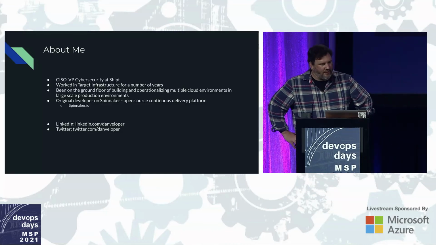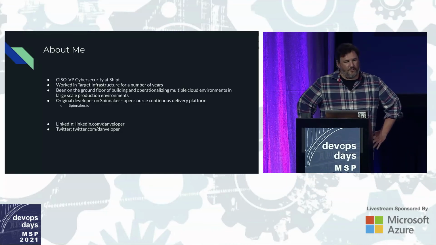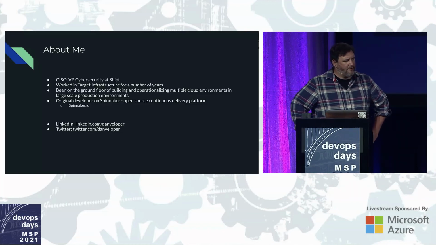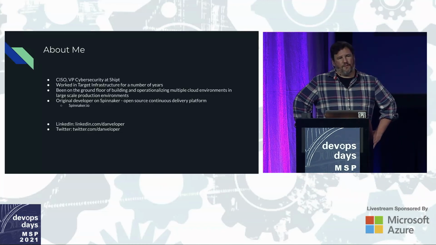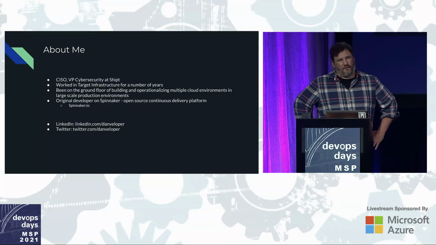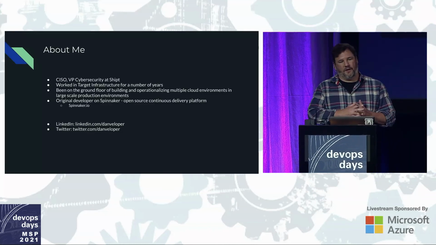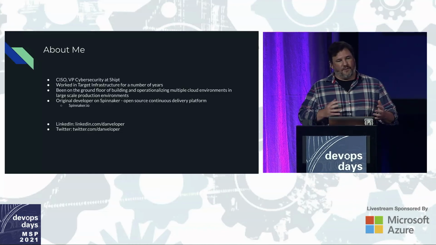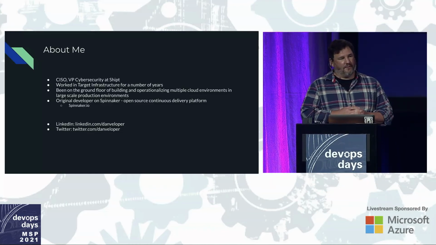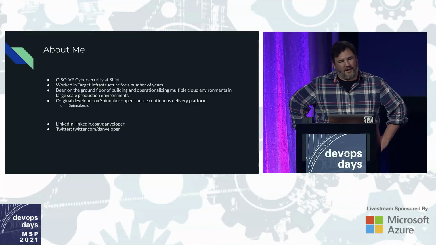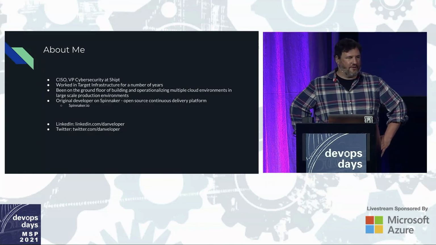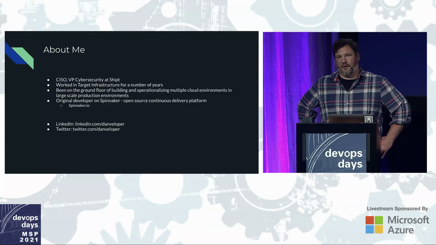But essentially, I worked in Target infrastructure for a number of years. I've been on the ground floor of building and developing out and operationalizing and taking to production a number of fairly large cloud environments that have ended up being large-scale productions. And in a previous life, I was one of the original developers on Spinnaker.